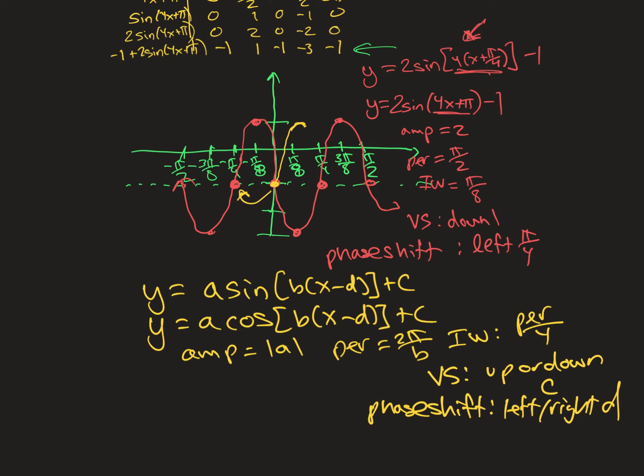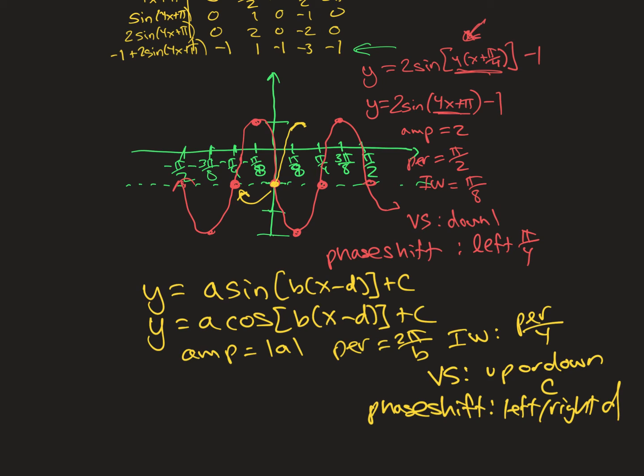All right, let's do one more together just to get this down. Maybe I'll do this one. This one doesn't have a vertical shift, but there's something important I want to say about this particular one.